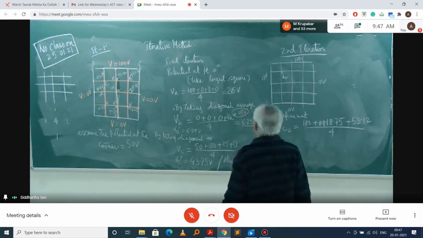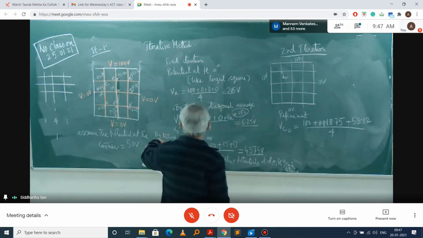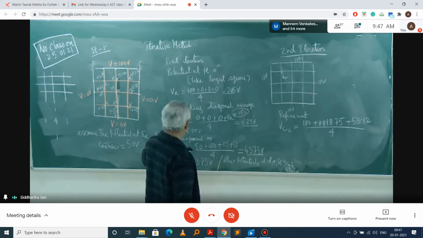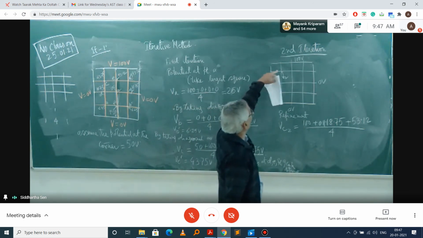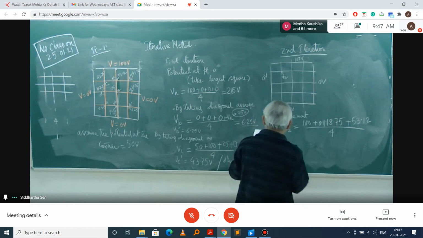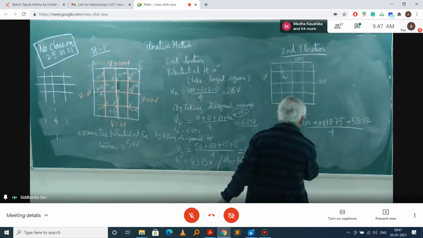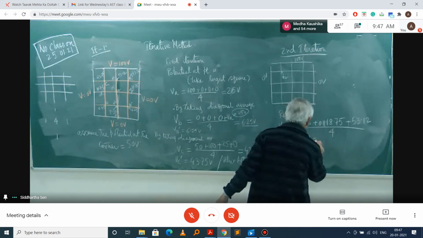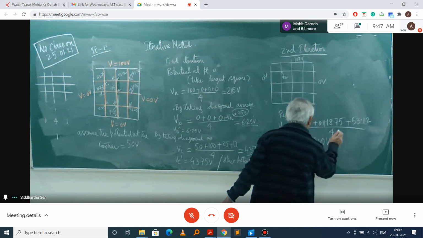By this one, you can see the Vc I calculated in a different way, taking the diagonal one. But here it is only in x and y coordinate. These things will be changed to 43.0 volt there.